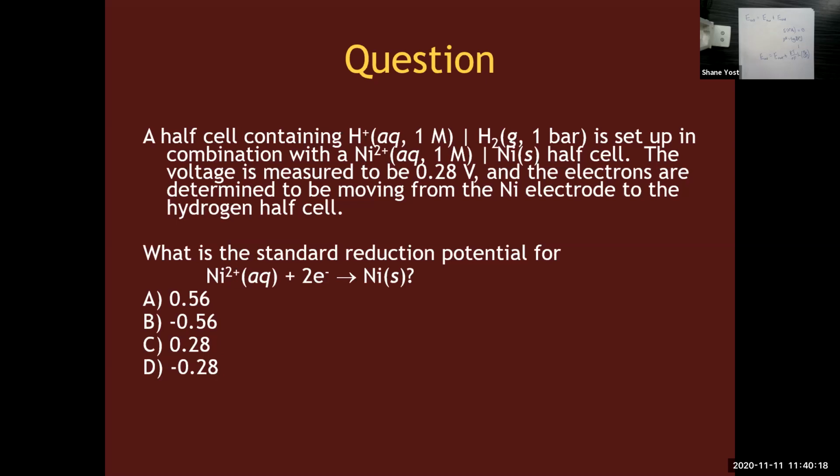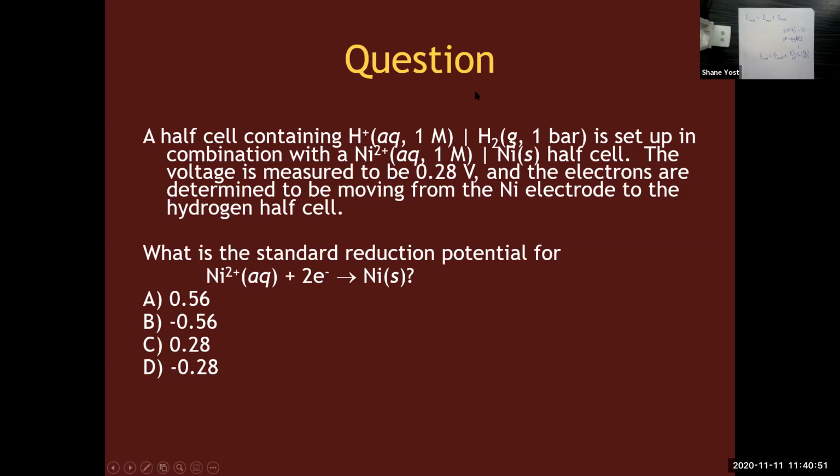Some C's. Right. So in the problem, we're told the electrons are moving from the nickel electrode to the hydrogen side, which means what is occurring at the nickel electrode? Oxidation, right? So that oxidation reaction is occurring, and the potential of that oxidation reaction is positive 0.28 volts, right?